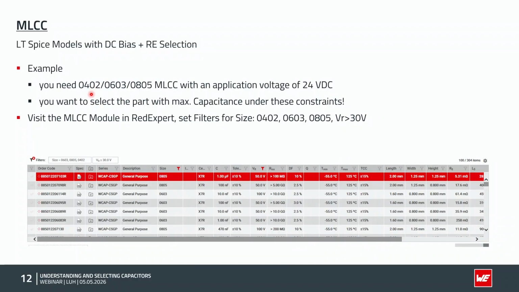For example, you need maybe a 0402 or 0603 or 0805 MLCC with an application voltage of 24 volts. And you want to select the part with the maximum capacitance under these constraints. So you can use RedExpert, set the filters, as I mentioned here, also with the rated voltage. And then you can see the list which is still remaining.